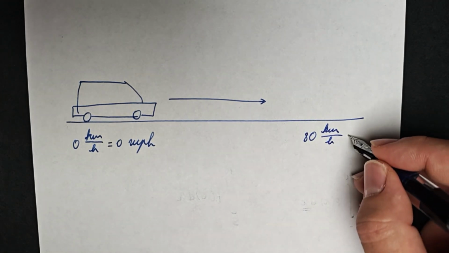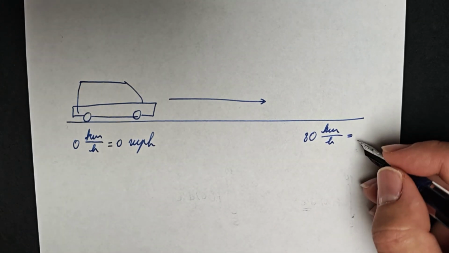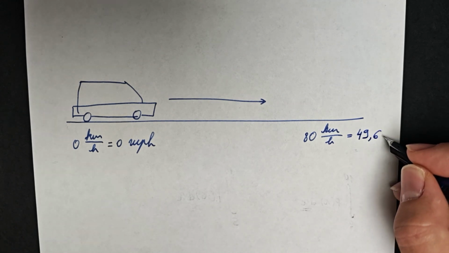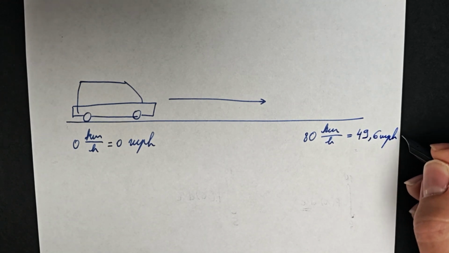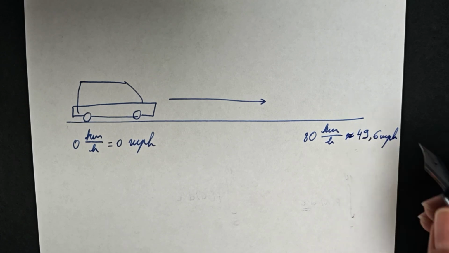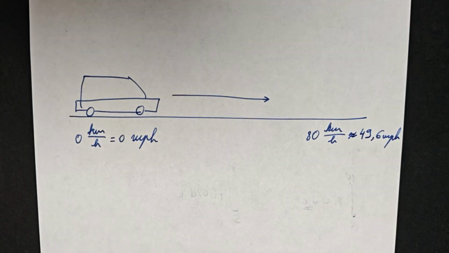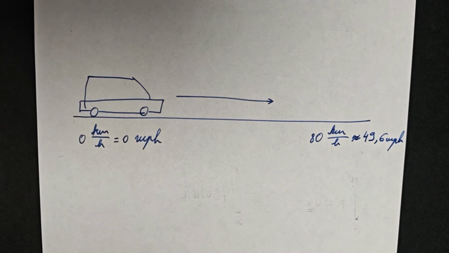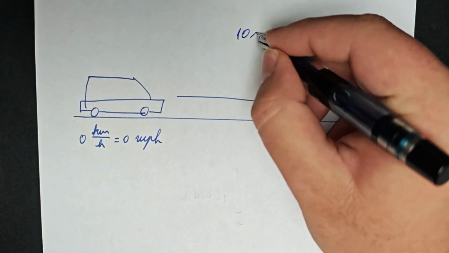Now, a little calculation here is required for you non-metric users. So this is 49.6 miles per hour. It's not exact, it is an approximate value. So the car is going to increase its speed all the way to 80 kilometers per hour, and let's say that it does this in 10 seconds.